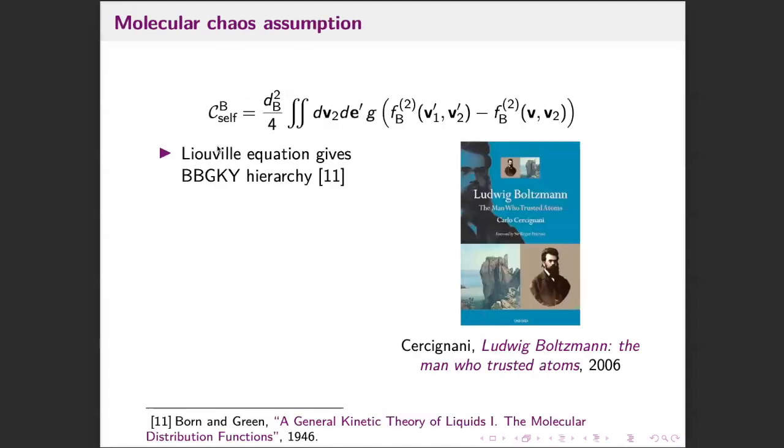But there is one caveat with this, which is something that's still not really solved, I would say, that we had to make the molecular chaos assumption. Because if you would do this rigorously, you would start from the Liouville equation, which treats all the particles properly.